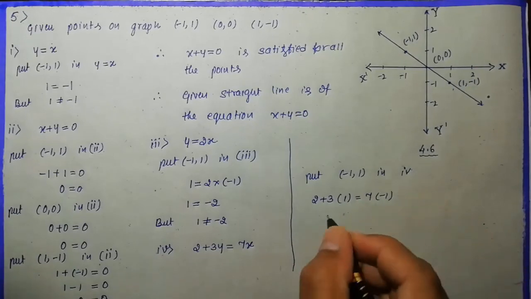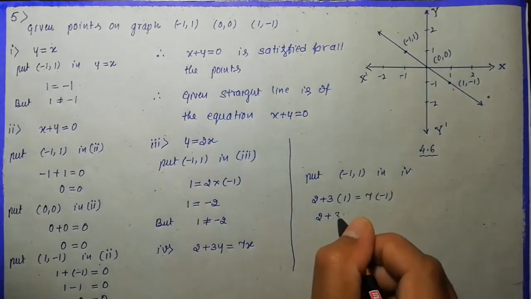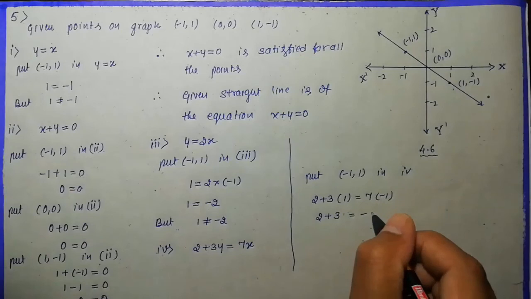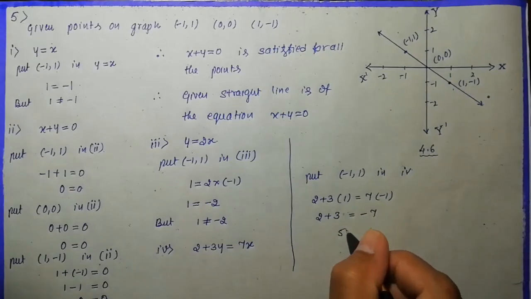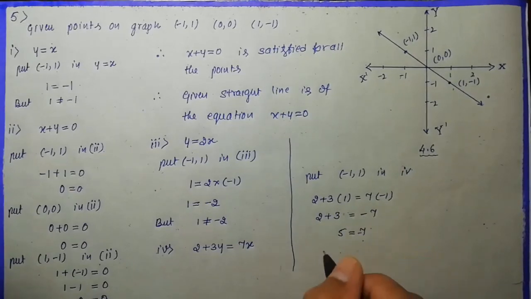So 2 plus 3 into 1 means 3, 3 plus 2 is 5, and 7 into minus 1 means minus 7. But 5 is not equal to minus 7. 5 is equal to 5 is right, but 5 is equal to minus 7 is wrong.